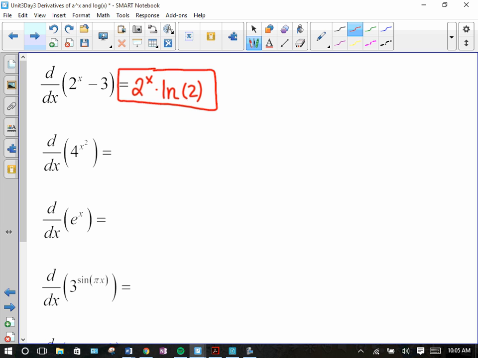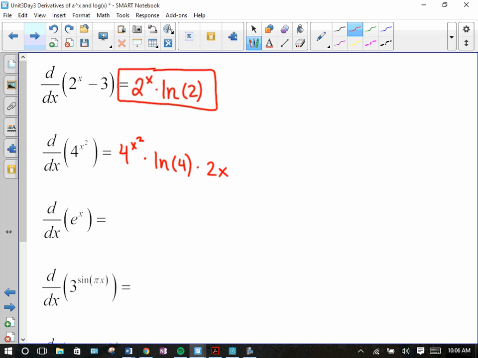So, let's look at this one. The derivative of 4 to the x squared power is going to be 4 to the x squared power times natural log of 4 times 2x.